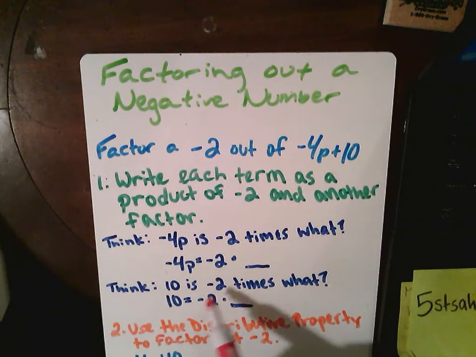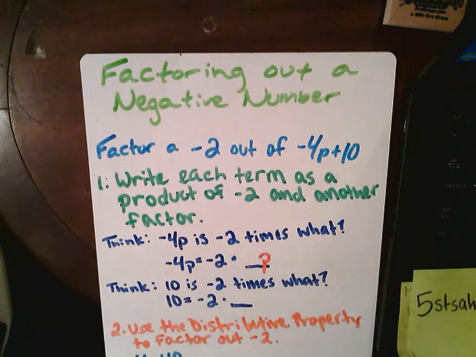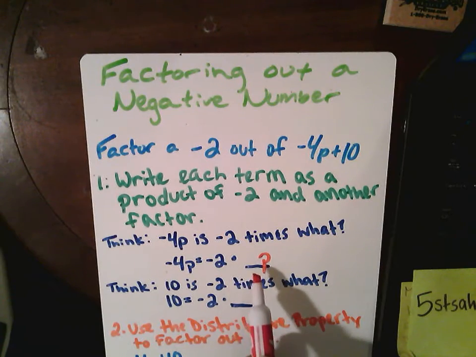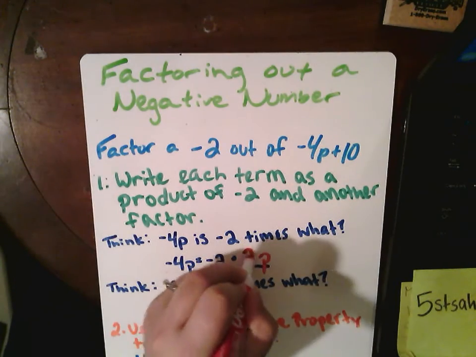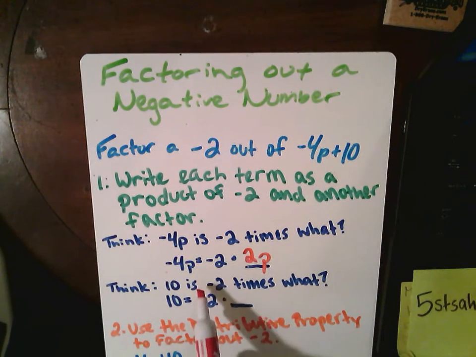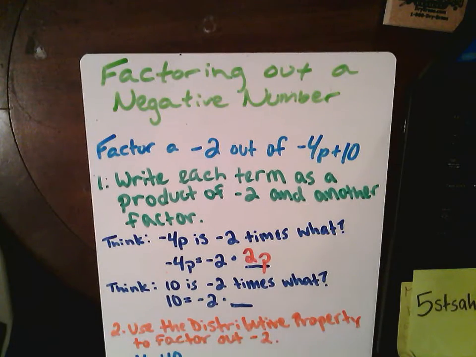Then we notice that -4p has that variable, that p, so our answer here will have to have a p on it. And now what's left over is just 2 times what will give us that 4? Well, 2 times 2 gives us 4. So -4p is -2 times what? It's times 2p.